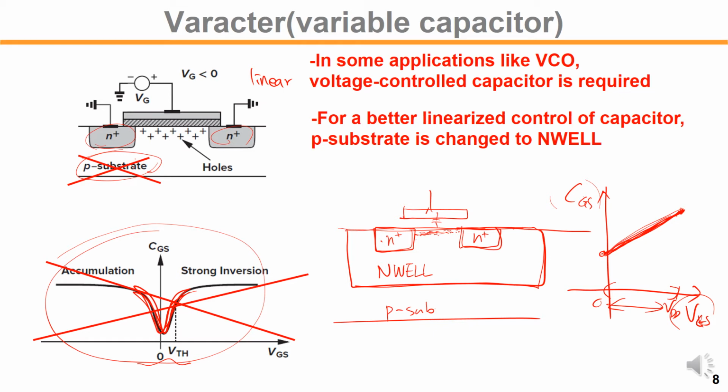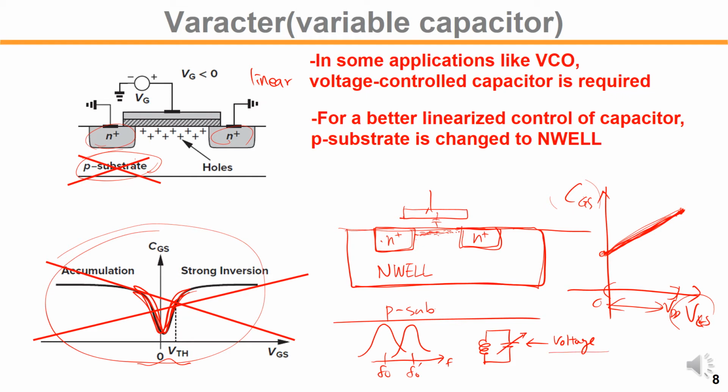So you can use this linear control behavior. When you have an LC oscillator, for example an LC tank here, if you change the capacitance by voltage, you can change the resonance frequency, from resonance F0 to F0 prime, by changing voltage.